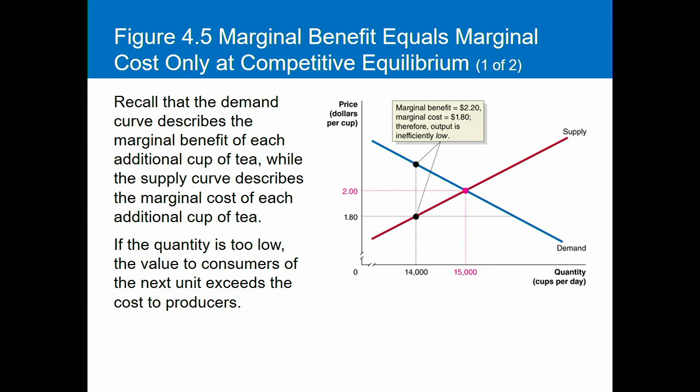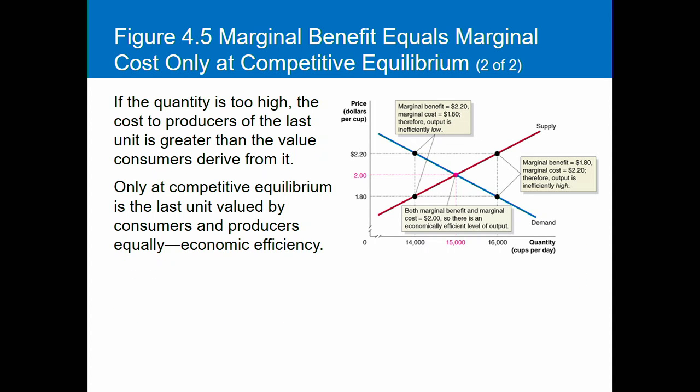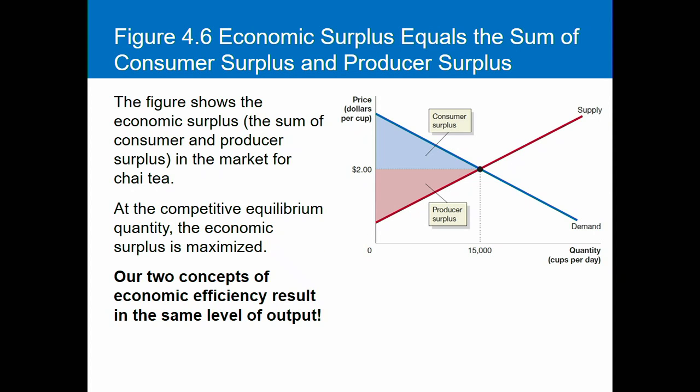So on our previous slide, the marginal benefit equals the marginal cost at equilibrium, promoting economic efficiency. Here at the competitive market equilibrium, the consumer and producer surplus are maximized. So it leads us to the same exact result, that markets are going to be pushed towards equilibrium. We're maximizing economic surplus, the consumer and producer surplus, and where the marginal benefit is equal to the marginal cost.